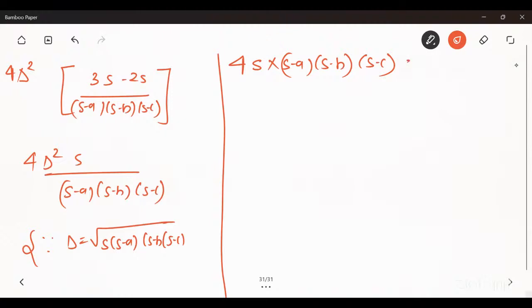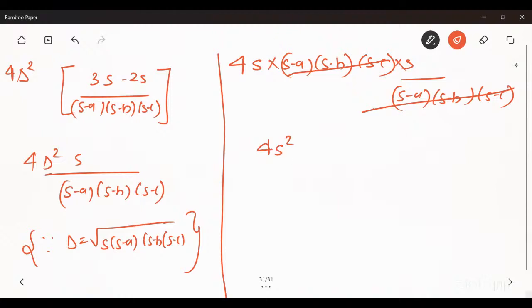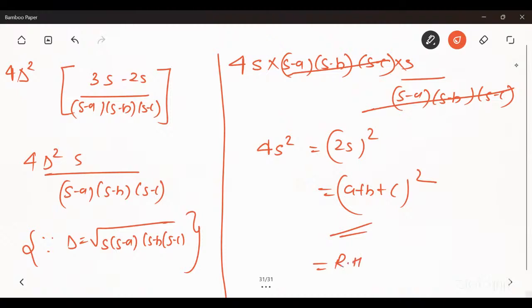So into S upon S minus A, S minus B, S minus C. So that term will be cancelled. So 4S into S will become 4S square, which is equal to 2S whole square. And the value of 2S is A plus B plus C whole square, which is equal to your RHS.